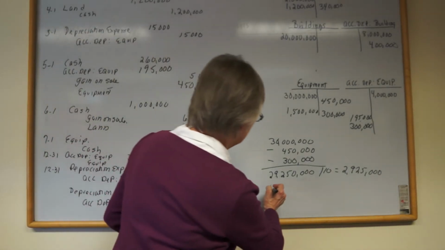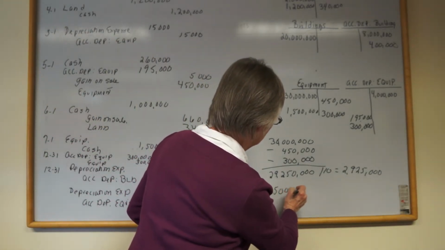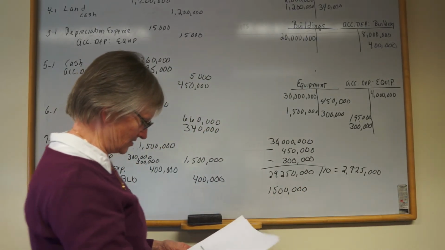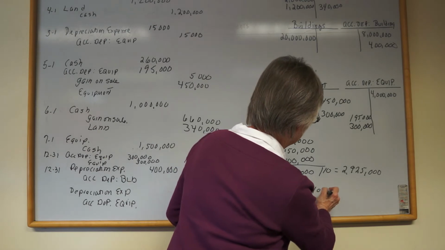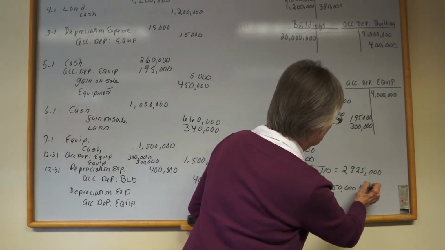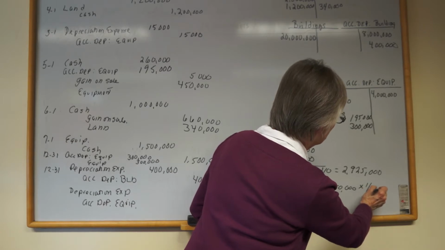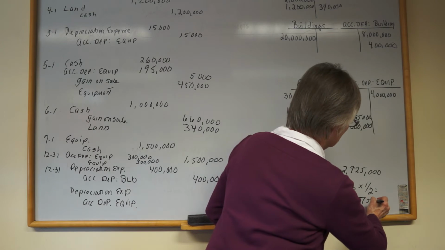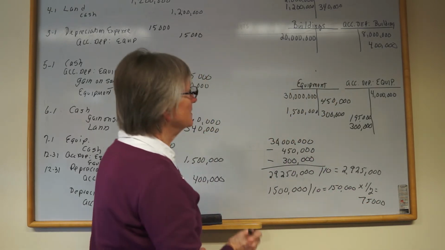So we've also got the 1.5 million that's going to be depreciated over 10 years. So that would be 150,000 per year, but we are depreciating it for half of that this year because we didn't buy it until July.